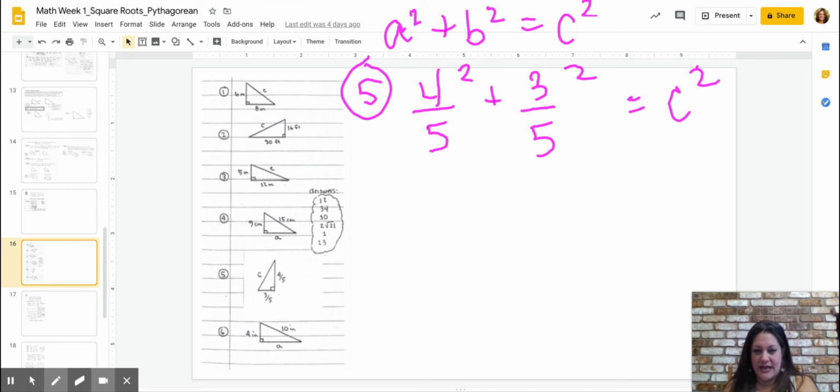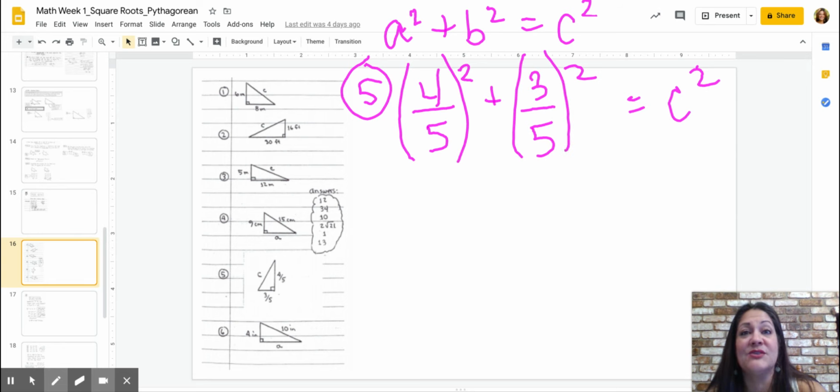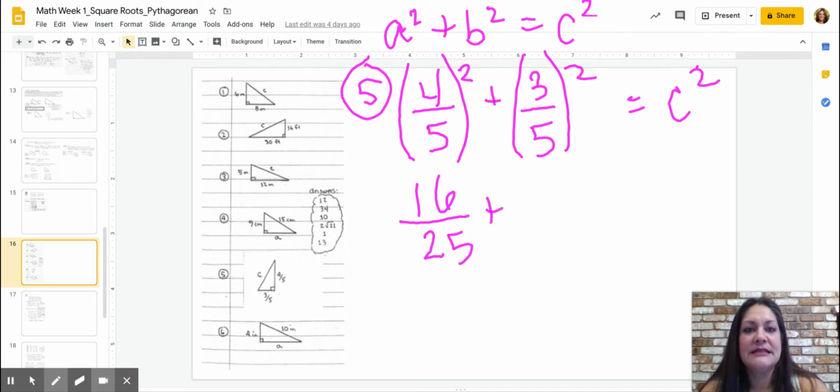Okay, so now looking at these fractions, do you see a problem? So right now it looks like 4 squared over 5. I'm going to put my parentheses here because we need to square both the numerator and the denominator. Okay, so then it's kind of easy because I can deal with those numbers. 4 squared is 16 over 5 squared is 25, plus 3 squared is 9, 5 squared is 25, equals c squared.